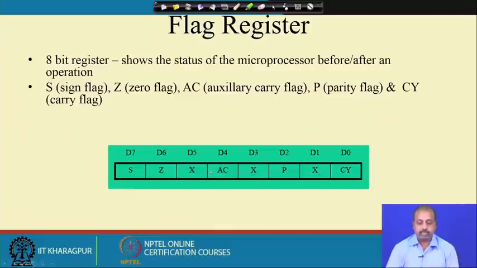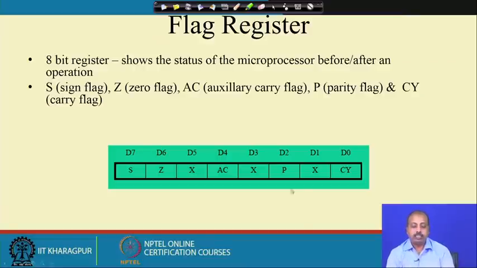Similarly, D5, D3 and D1, these 3 bits are not used by the processor designers. Then we have the carry bit, CY. When the ALU does an addition or subtraction operation, it can generate a carry. If a carry is generated, the D0 bit will be 1; otherwise this bit will be 0.